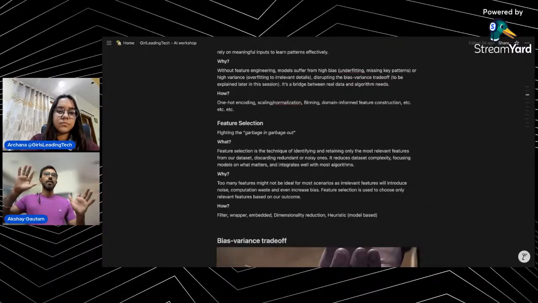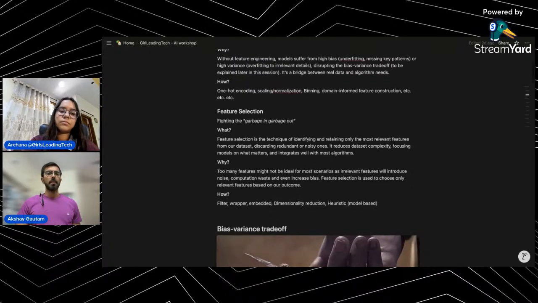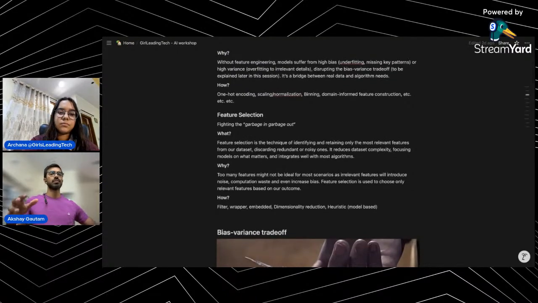It's to bring every number into a similar range, to balance it so that the mathematical equations you use in these algorithms do not get disturbed by the large difference between these numbers. This is called scaling or normalization, right? Binning is another way. You just take multiple features, you combine them, you remove them.